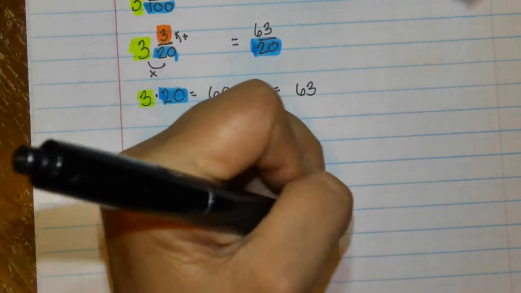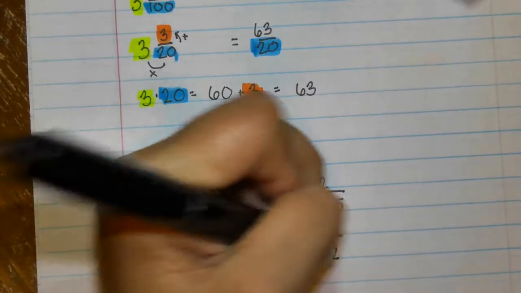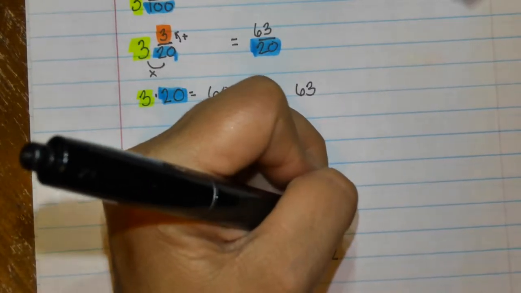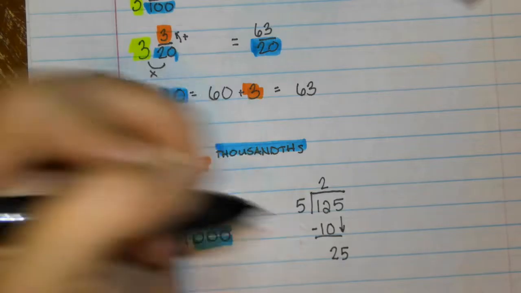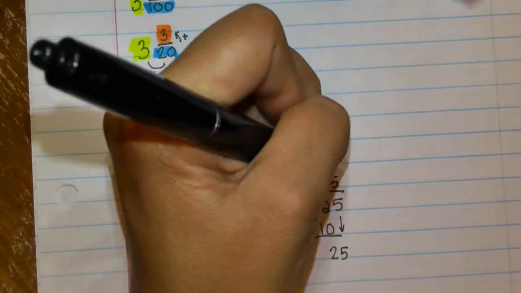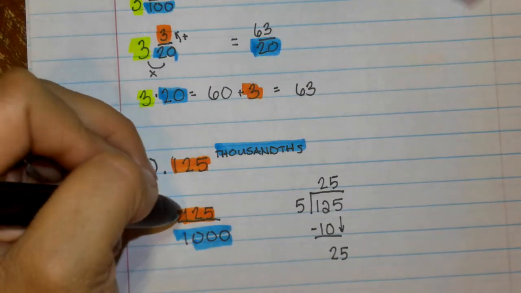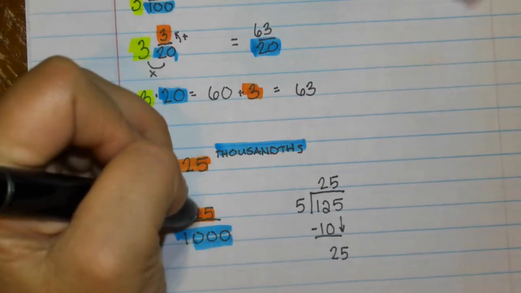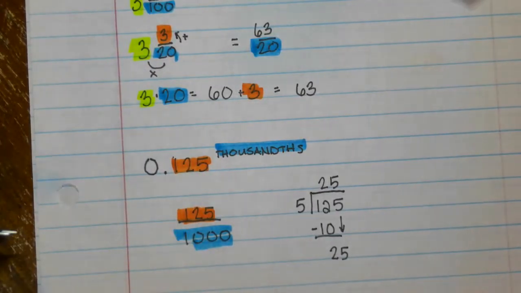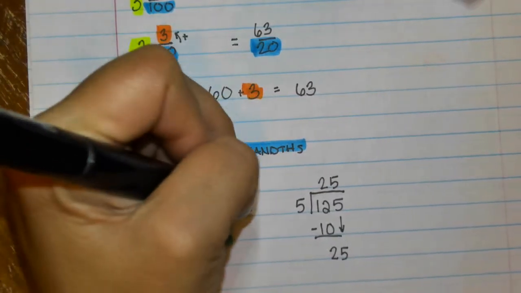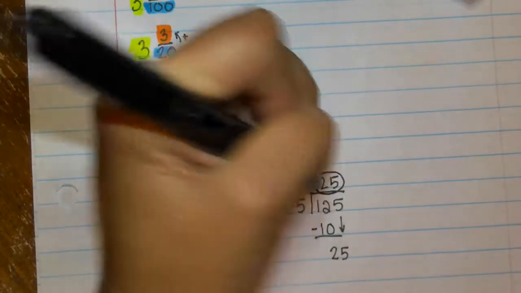I'm going to put the 10 here, subtract that out, and get 2. Bring down that 5. 5 goes into 25 5 times. So 125, when I simplify by finding a common factor of 5, equals 25.